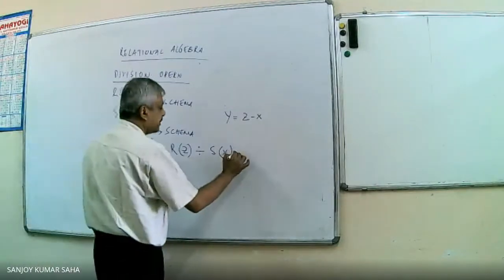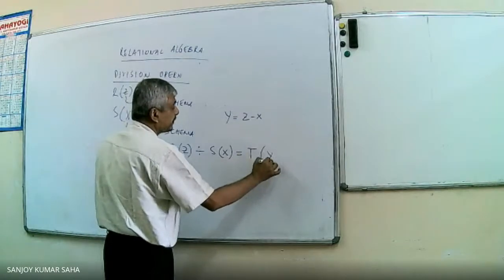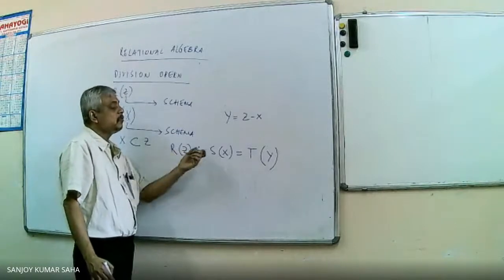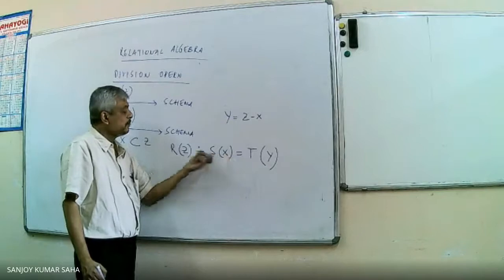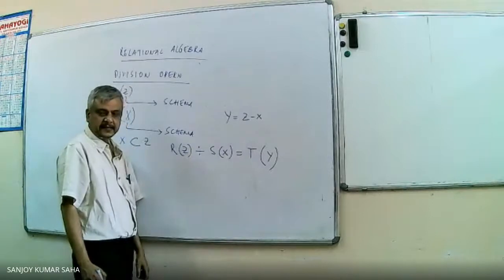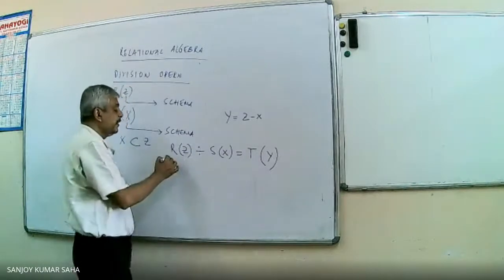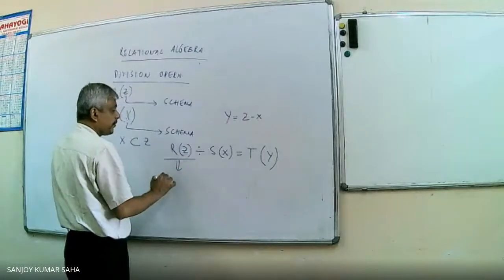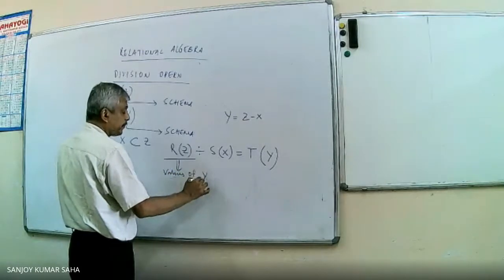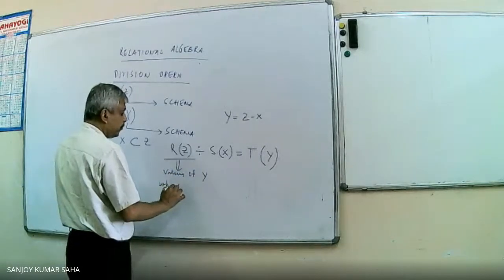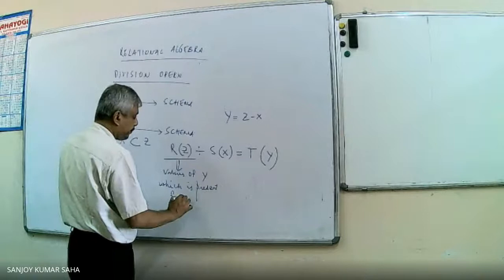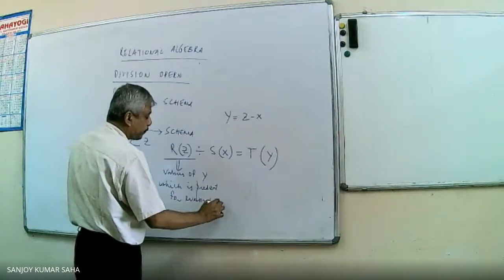Suppose we are getting the relation T, and that will have the schema Y. That is the part of the attributes in R which is not present in S. Y equals Z minus X. So basically, from here we'll get values of Y which are present for every value of X.